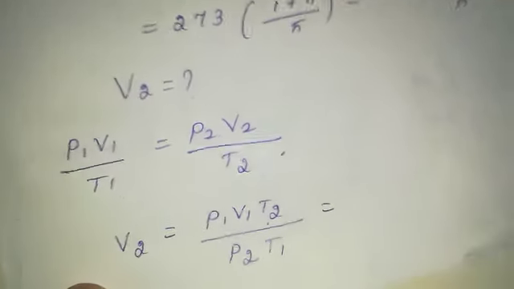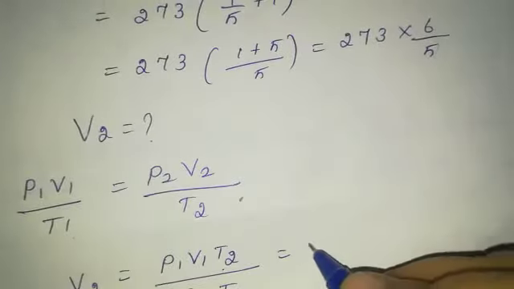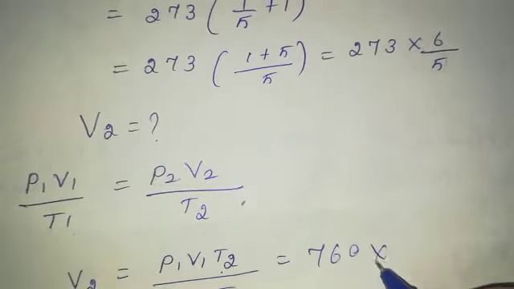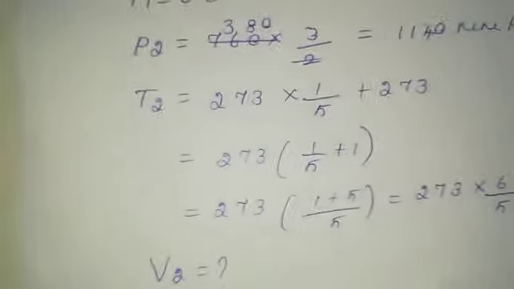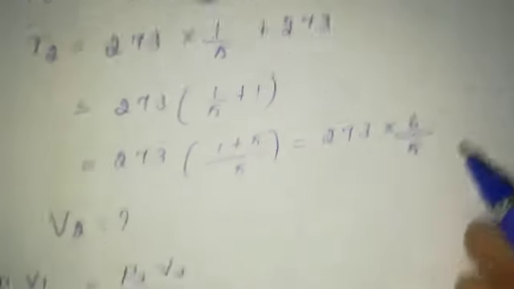Now substitute all the values we have taken. P1 is 760 and V1 is 100. So 760 into 100 into the T2 value which we have calculated, 273 into 6 by 5.